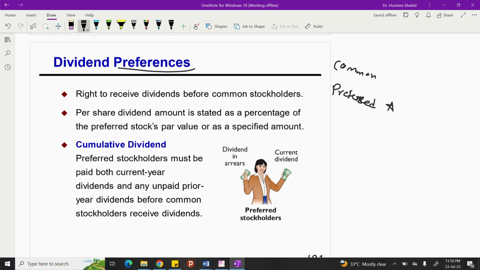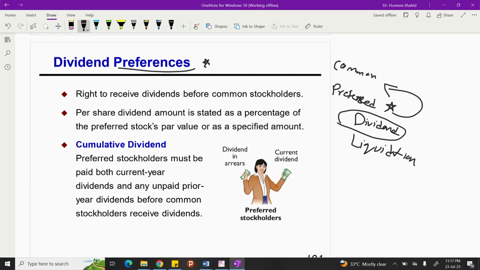And we said preferred stock has a preference over the common stockholders regarding the dividends and regarding the share at the time of liquidation of the company. So we are talking about dividends. So dividend preferences are what preferred stocks have over the common stockholders. So what is dividend preference? It is the right to receive the dividend before the common stockholders.